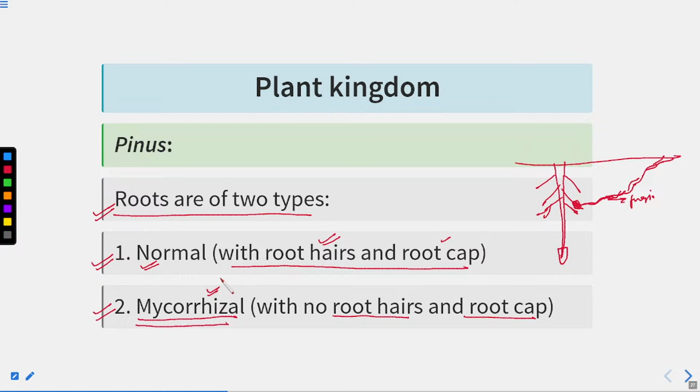What is the significance of such an association? The fungi provide important minerals to the roots of Pinus, and in return Pinus provides them food material. So this is also a mutual relationship, mycorrhizal association, right? Very, very important. You have to remember this. Mycorrhizal association we can see in the case of Pinus, whereas the coralloid type of root is present in Cycas.